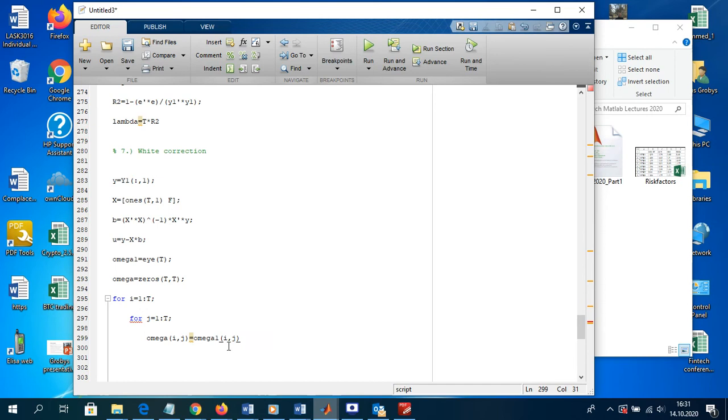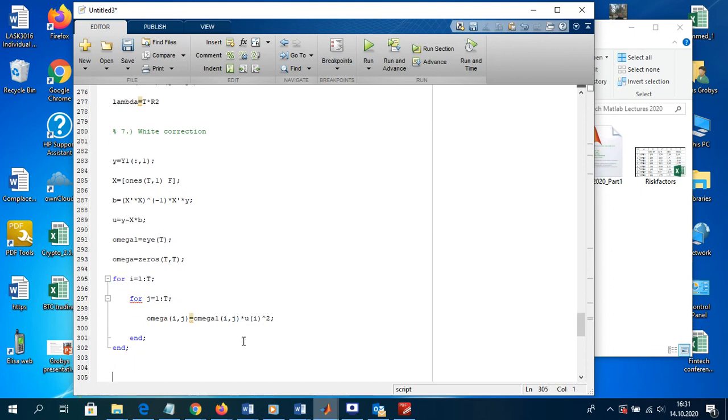So for instance, if i is 1 and j is 1, the element 1 1 in our omega matrix should be a 1 times what? Times u i squared, right? Let's end both for loops.